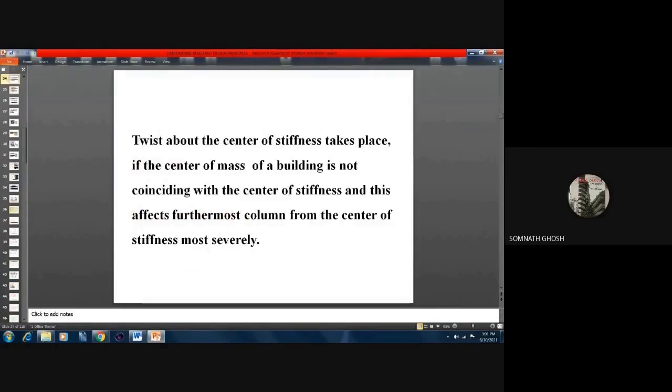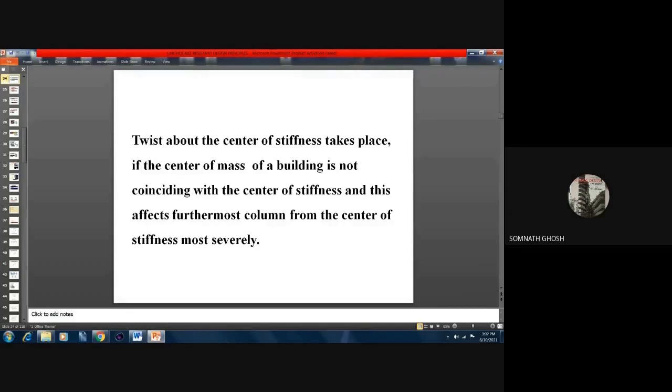The twist about the center of stiffness takes place if the center of mass of the building is not coinciding with the center of stiffness. This affects the furthermost column, because if there is a torsion on a particular plane, the extreme column will be undergoing huge stresses.